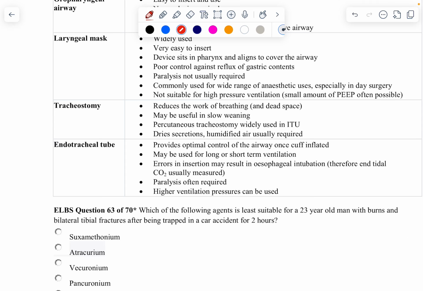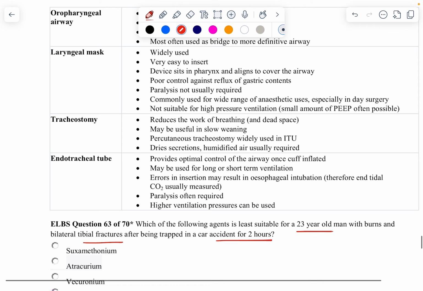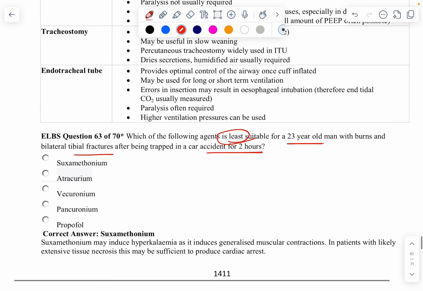Which of the following is least suitable for a 23-year-old man with burns and tibial fractures? 2 hours. Least suitable is suxamethonium.